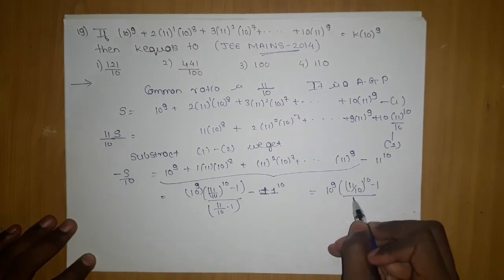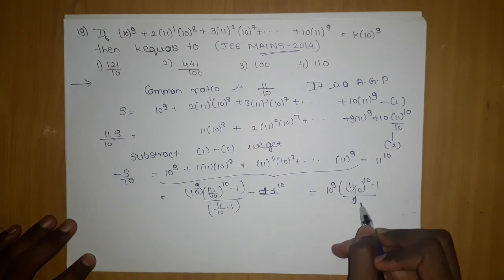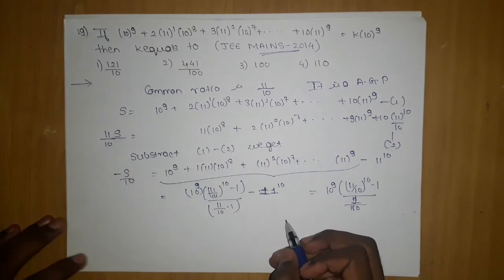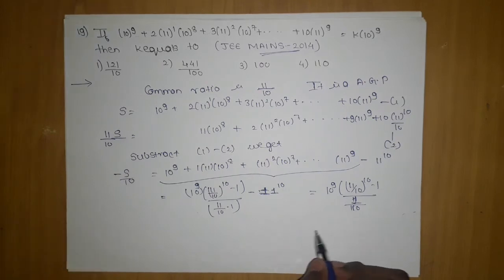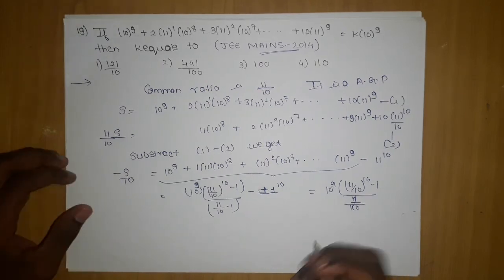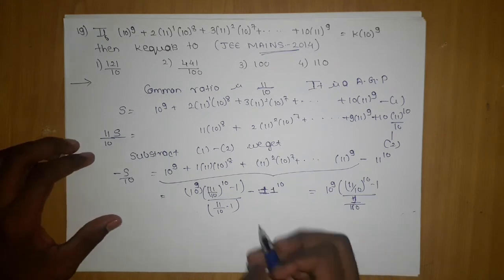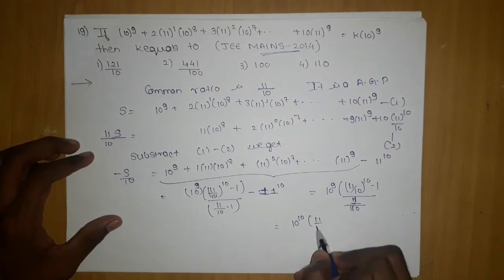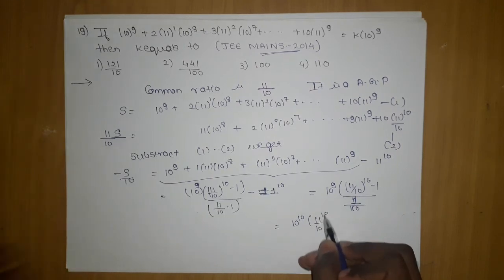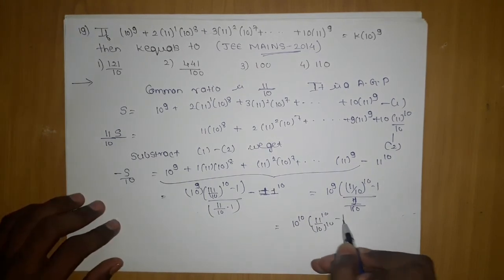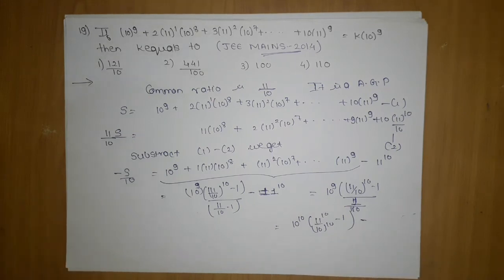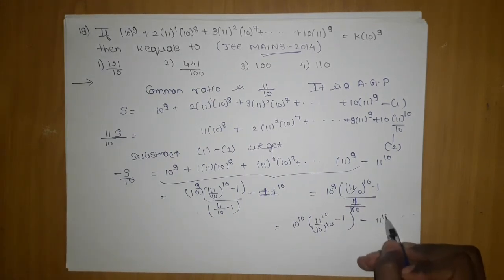Here it will be 11 by 10, which will move on. Okay, so it will move up and give me 10 to the power 10 into 11 by 10 to the power 11 by 10 into 10 to the power 10 minus 1, minus 11 power 10.